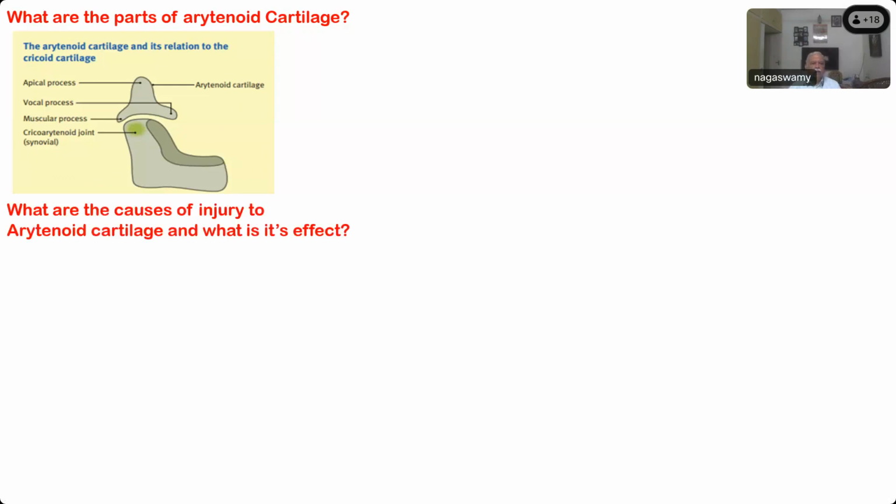So what are the injuries caused to the arytenoid cartilage? How can injury occur to the arytenoid cartilage, and what is its effect? Intubation itself can, with faulty position.